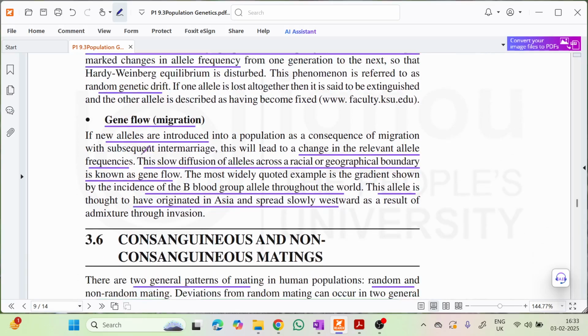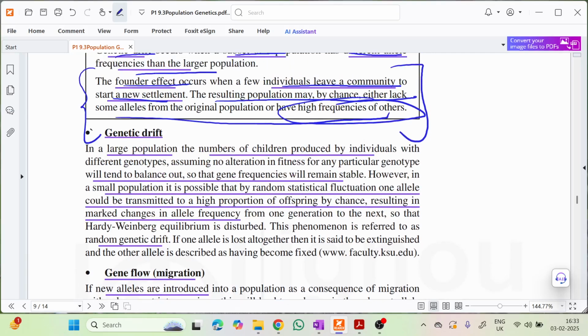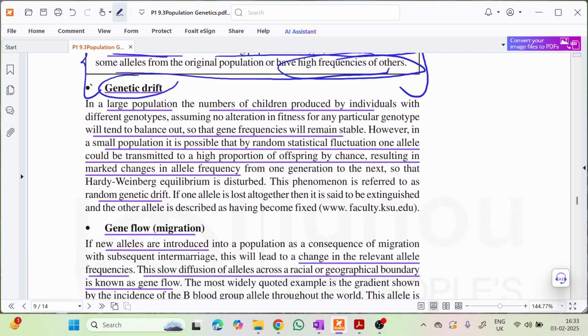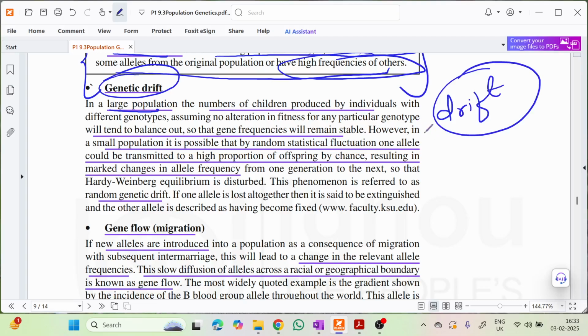Now let's have a look at what these terms are. So genetic drift, as the name suggests, is a drift of genes. In a large population, the number of children produced by individuals with different genotypes, assuming no alteration in frequency for any particular genotype, will tend to balance out so that the gene frequency will remain stable.